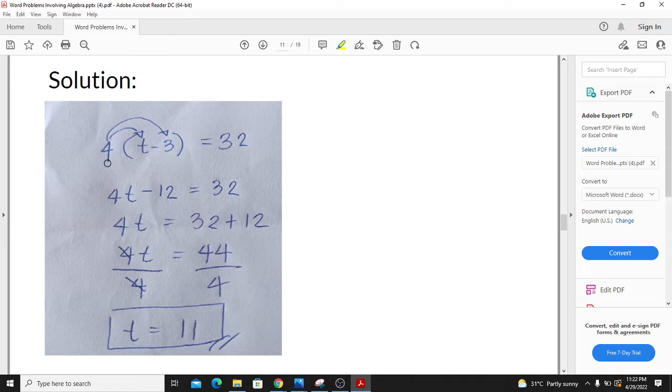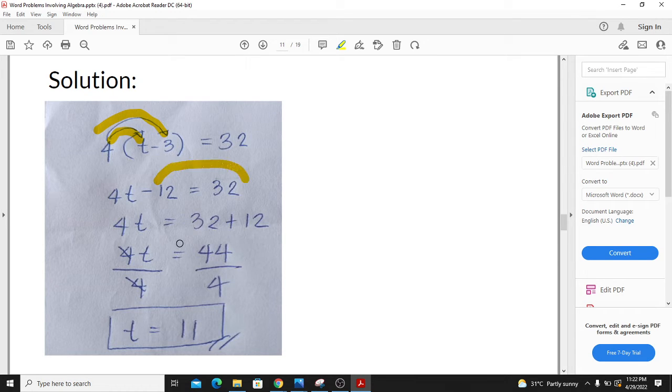Since we have 4 times the quantity t minus 3 is equal to 32, we just have to distribute this. So we've got 4 times t, and 4 times negative 3 is negative 12, is equal to 32.